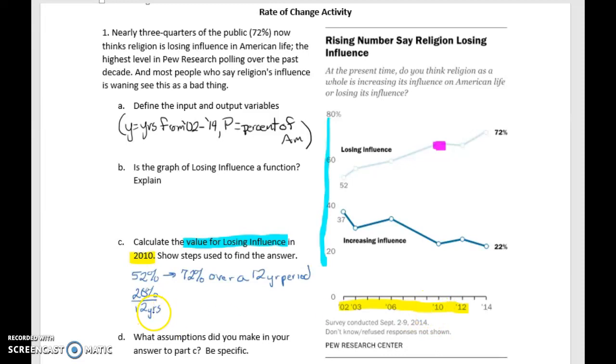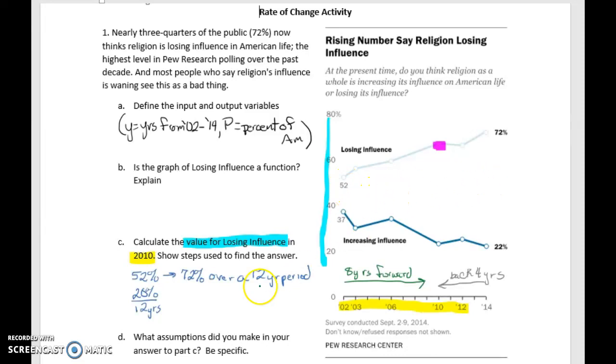We'd either have to go back 4 years from the 72%, or go forward 8 years if I was starting with my 52%.